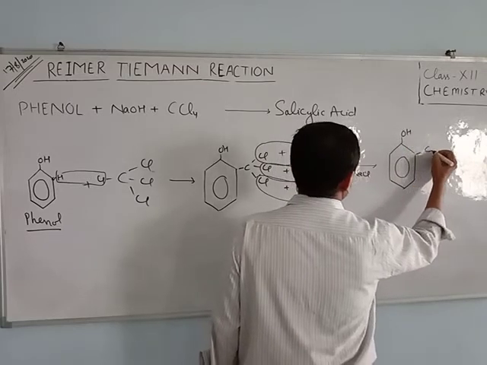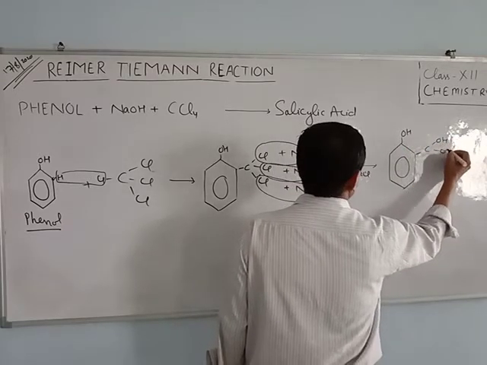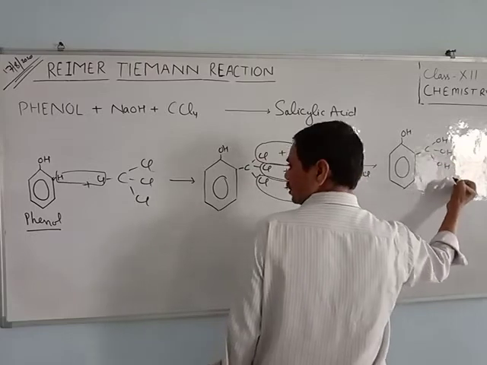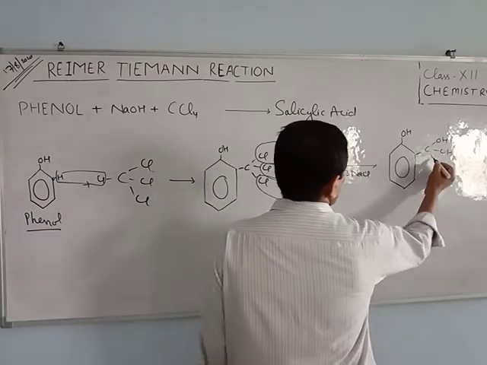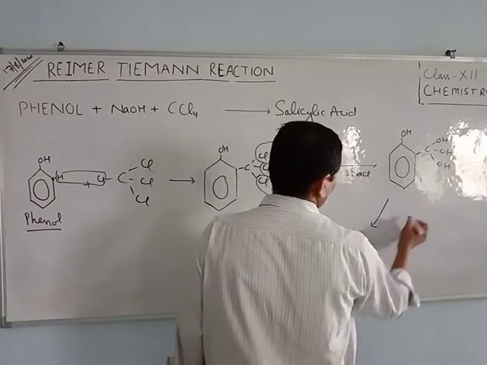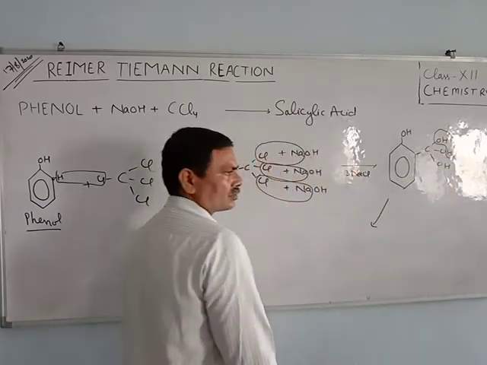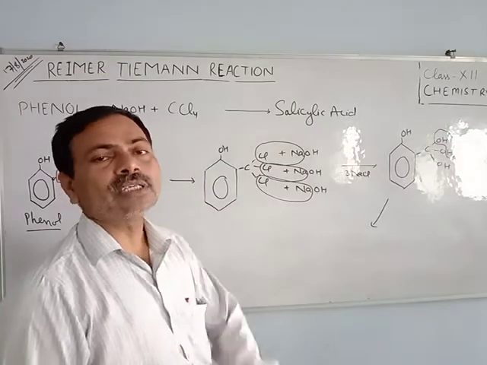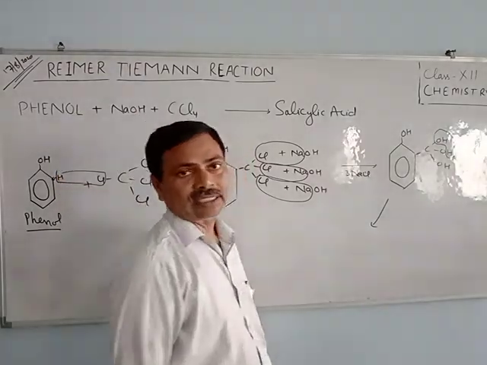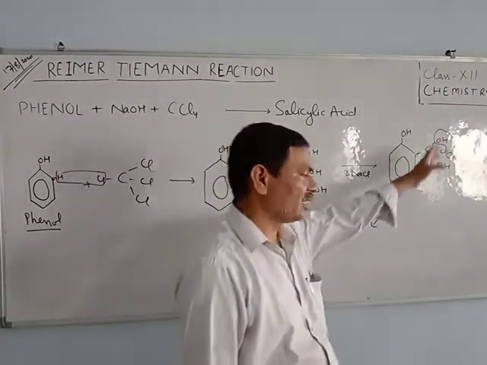Now we have OH and C(OH)3. What will take place? A water molecule is removed because even 2 OH groups cannot be attached to the same carbon atom, and here there are 3 OH groups.